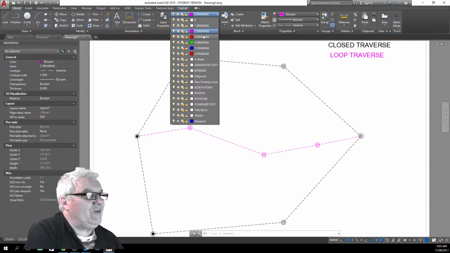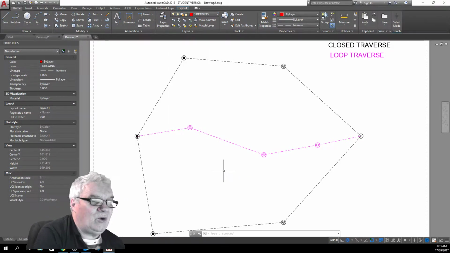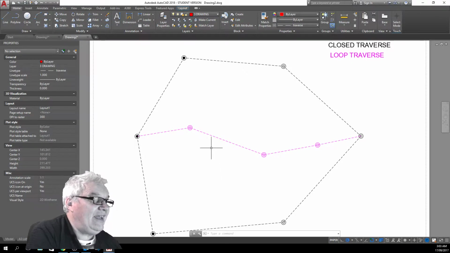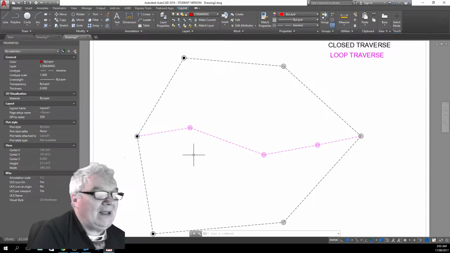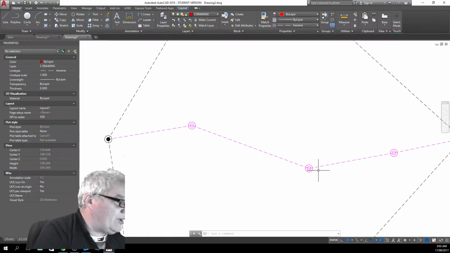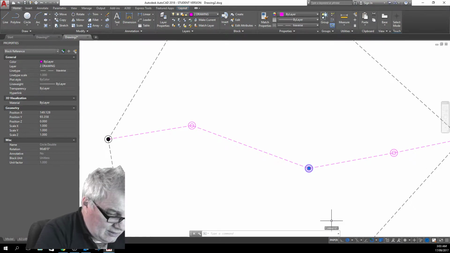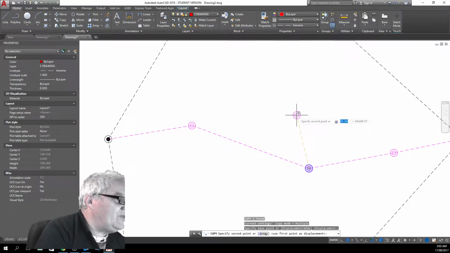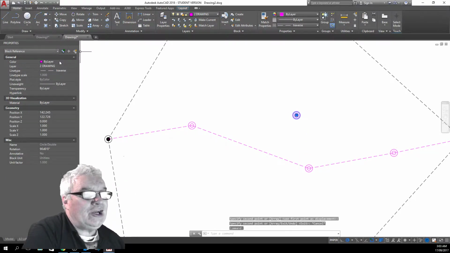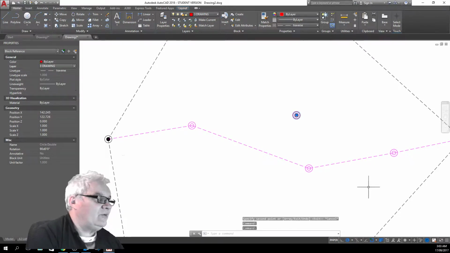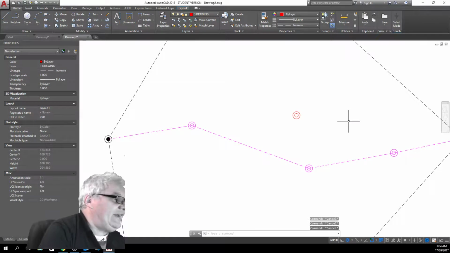Now the next traverse we're going to have a look at is what we call the hanging traverse. Okay, so I'm just going to put some in here, CP enter, and I'll put that out over there like that, and I'll put that into this third layer, layer 3, which has the color red.